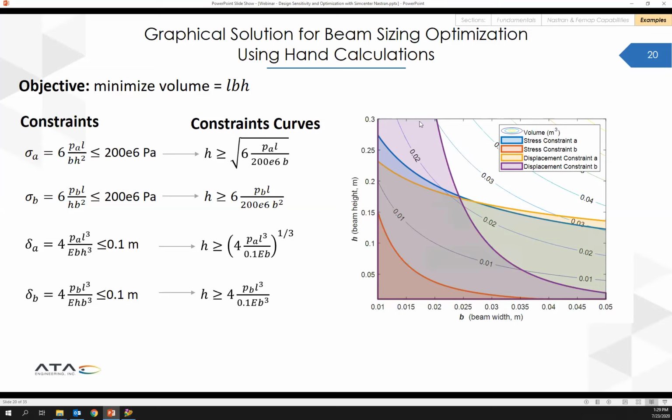Every design in this region satisfies our constraints, and so our objective is to minimize the volume that satisfies all our constraints. And so we can look at these contours, and we can see exactly where that point is.